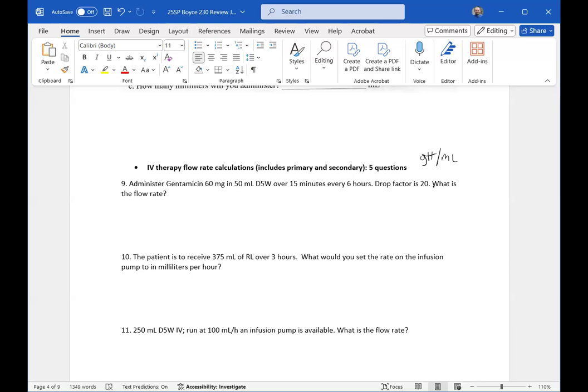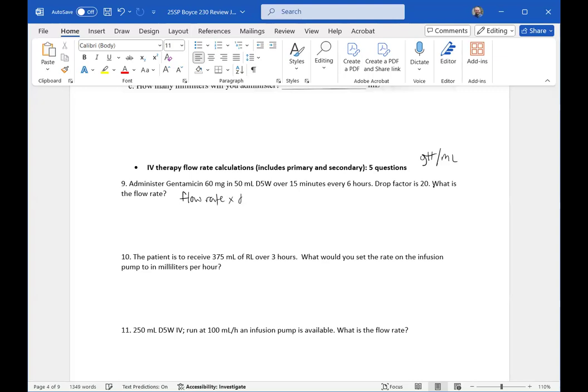I have a feeling that if you get asked a question like this, like these were just picked out from different sources online, probably even some ATI type questions, the questions in your test usually give you some indication of the units for the things, but if it doesn't, just know that a drop factor is drops per milliliter. All right. So if you don't recall this from last semester, in order to calculate a drop rate, I need two pieces of information. I need the flow rate.